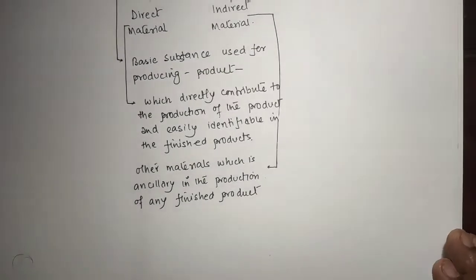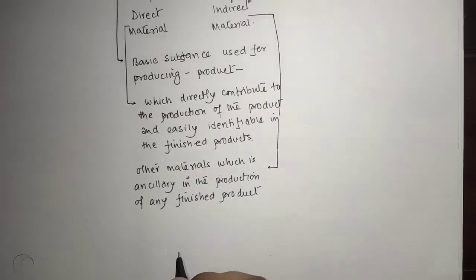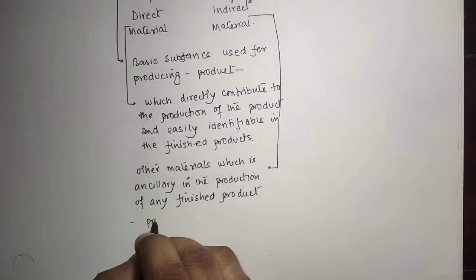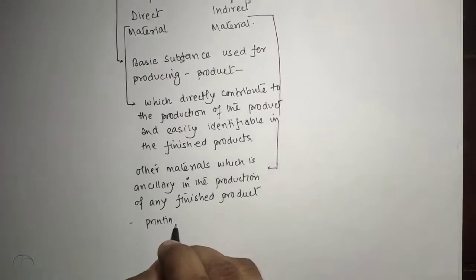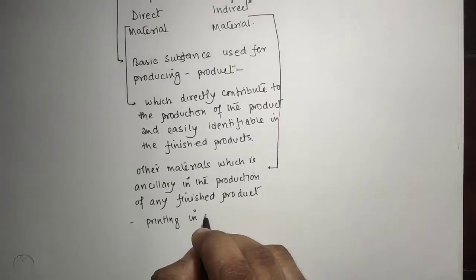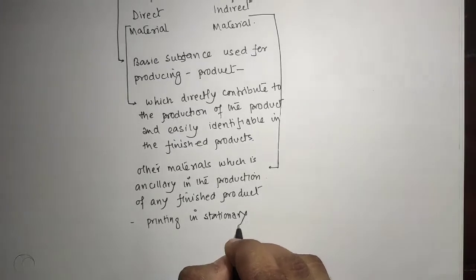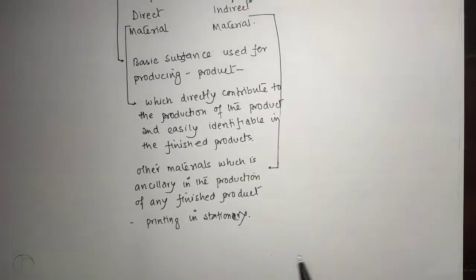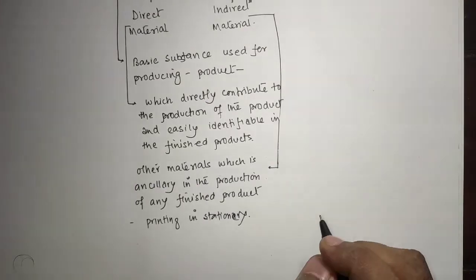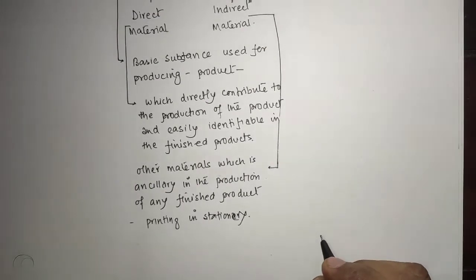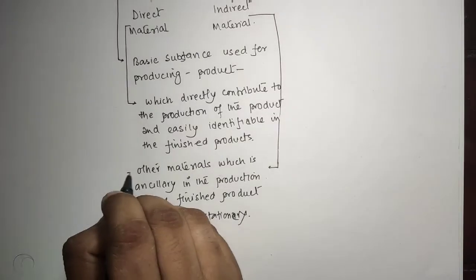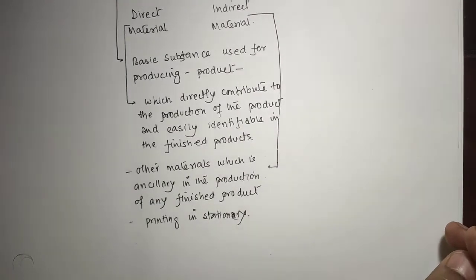For example, printing and stationery. This cannot be assigned to specific physical units, and that is known as indirect material.